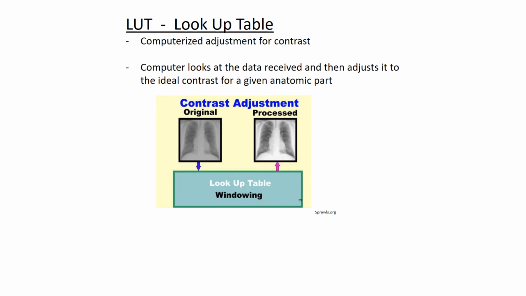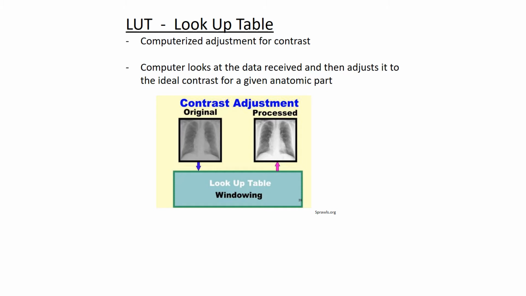You can't really determine this much anymore on DR because the image comes up pretty spontaneously after you take the exposure. But those of you that have worked with CR, or in clinical sites where they still have CR, when you take your initial image and it comes up on the screen, it looks very dull and washed out. The computer says, okay, I'm going to adjust the histogram, that would be the ideal one.